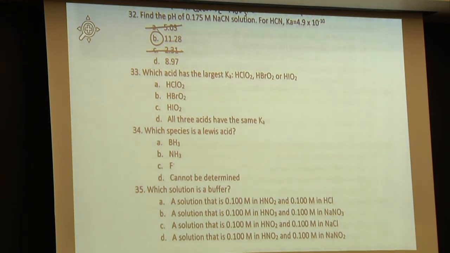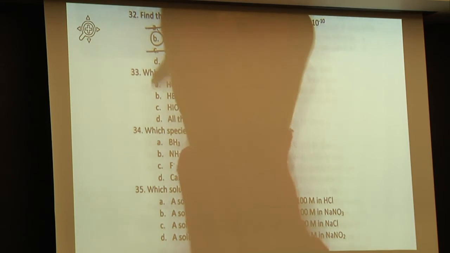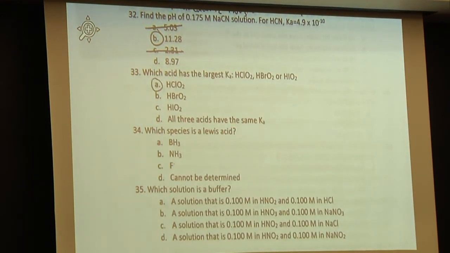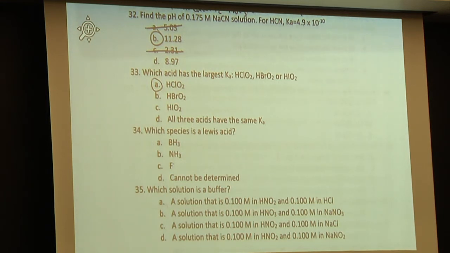All right, what's the answer? It is A. Why is it A? I cannot hear you. The larger the Ka, the weaker the acid? Is that what you're saying? I think the larger the Ka, the stronger the acid.